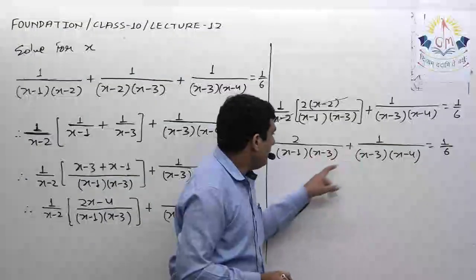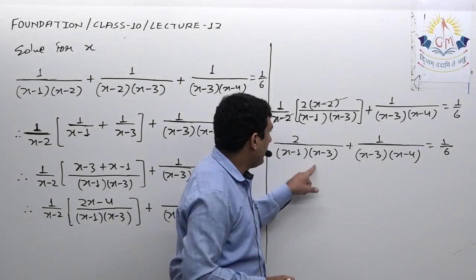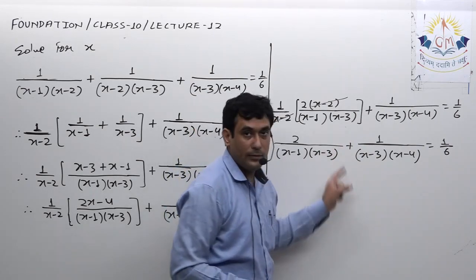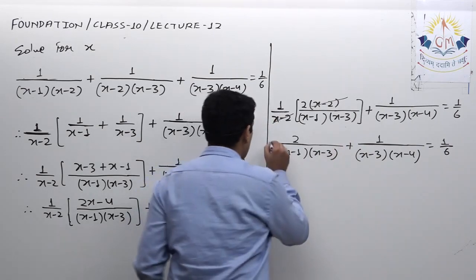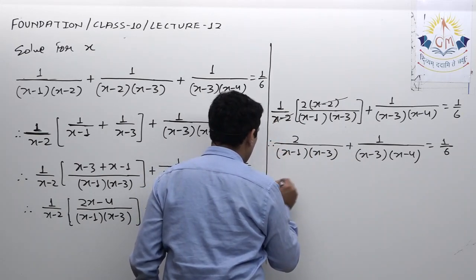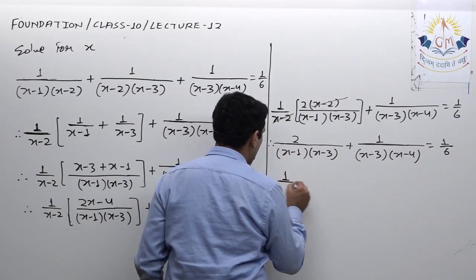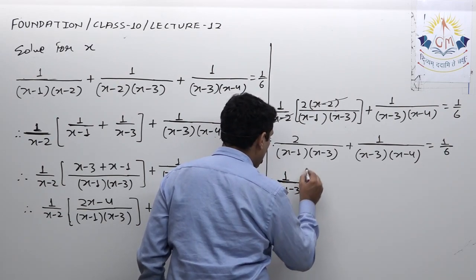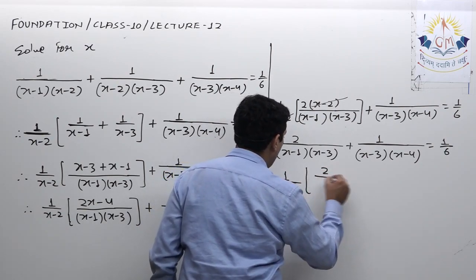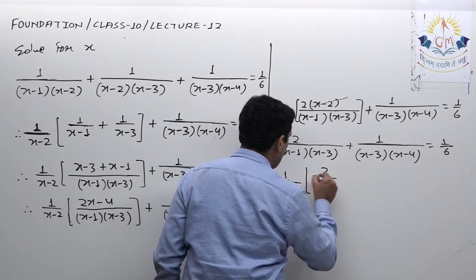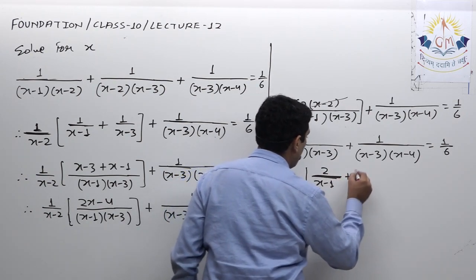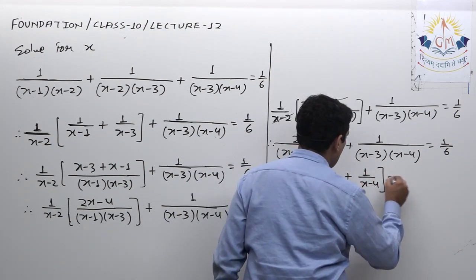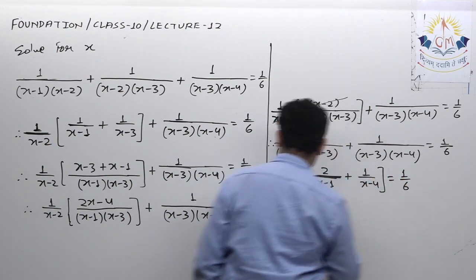Now again if you observe, you can take 1 upon x minus 3 common once again. So in the next step I take common 1 upon x minus 3, and I get 2 upon x minus 1 plus 1 upon x minus 4 is equal to 1 upon 6.